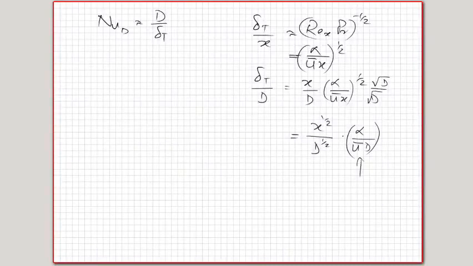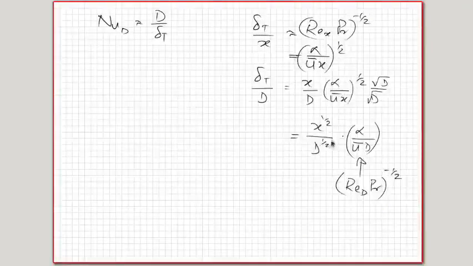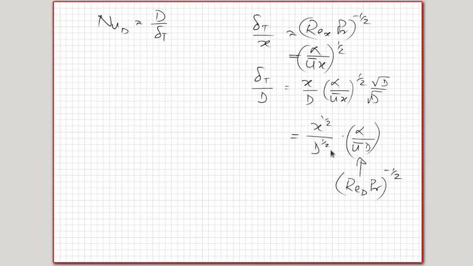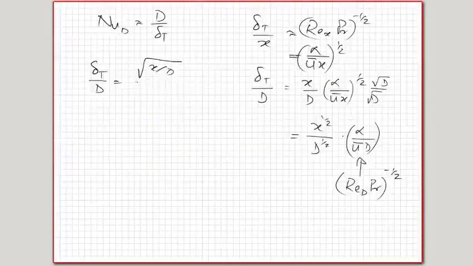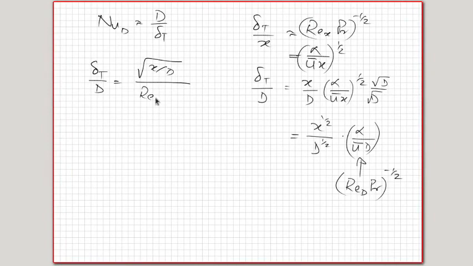Now this actually is nothing but Re_D Pr raised to the power of minus half, right? And this is x by d. So that is the expression that I can get. So I'll be able to write delta T by d is equal to square root of x by d divided by Re_D Pr to the power of half. Or rather, this whole thing can be put in a square root.